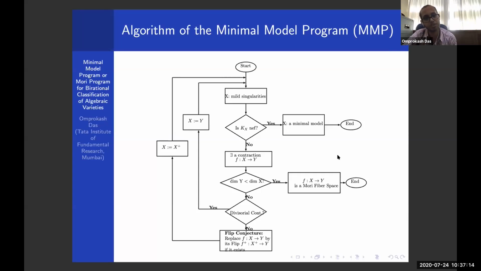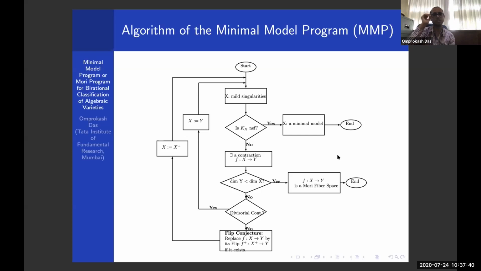If it has the same dimension as the domain, then it's either a divisorial contraction or a flipping contraction. If it's a divisorial contraction, you simply replace X by Y and continue with the program. If it's a flipping contraction, then you are not sure if you can go to the next step. Conjecturally, you should be able to replace Y by some third variety, X plus, which conjecturally exists and has good singularity, and then continue the program.